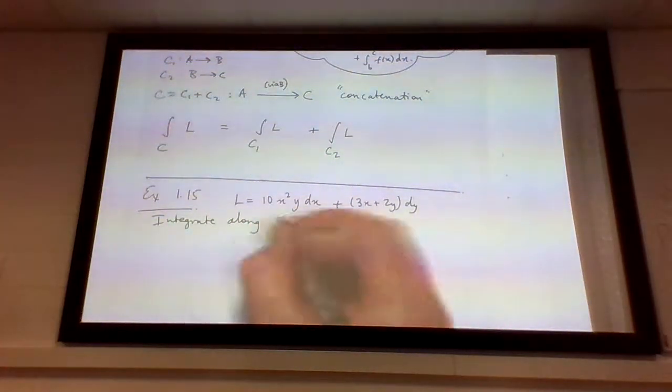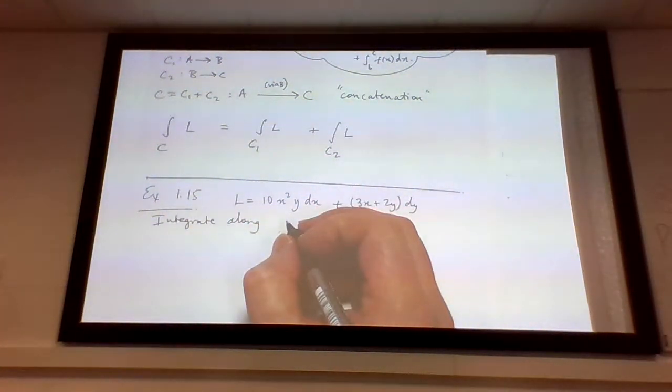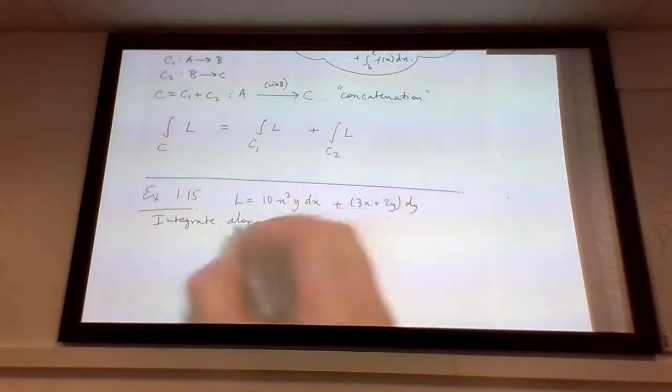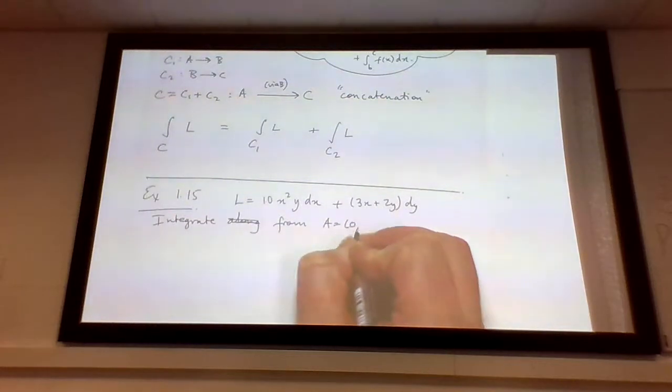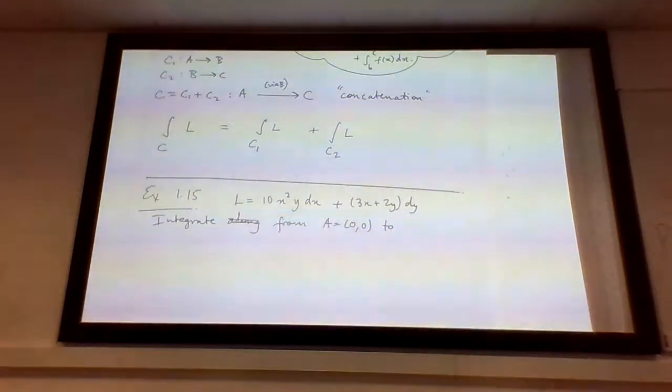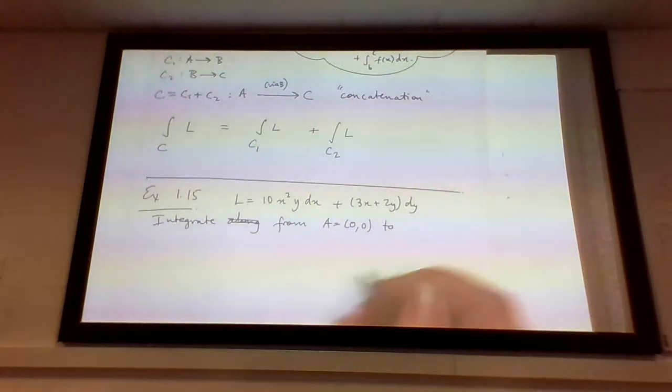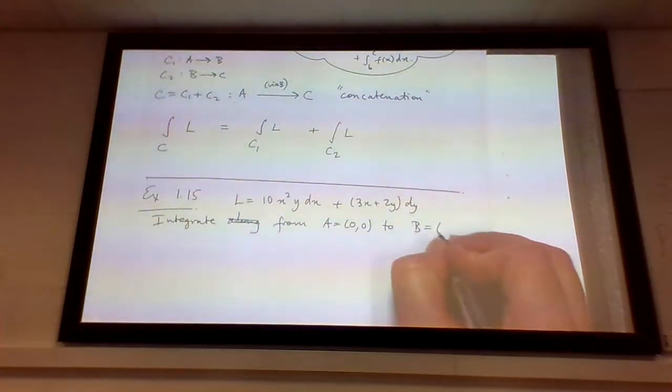We're going to integrate this from the origin, which we'll call A, to the endpoint B, which is point 1 and 1.